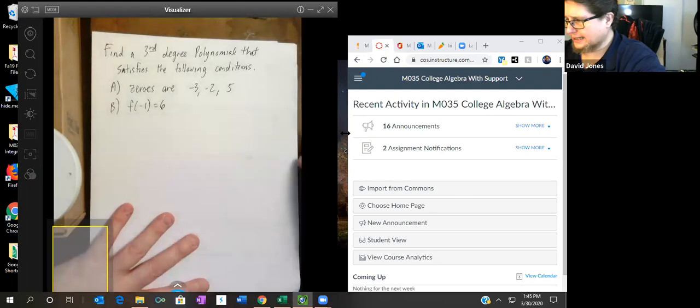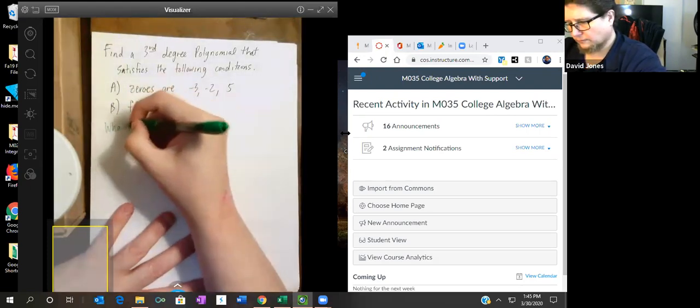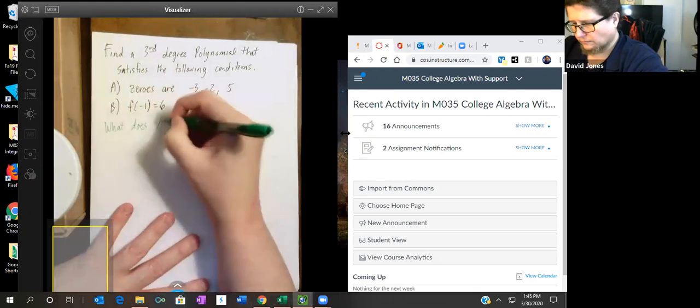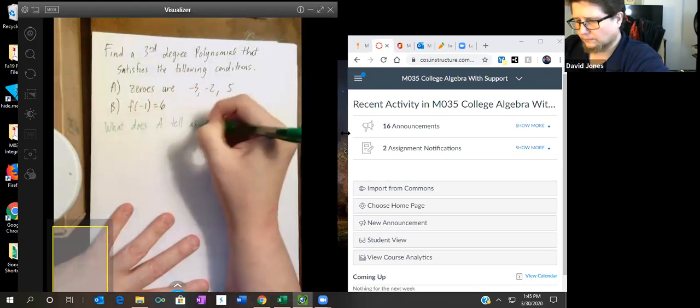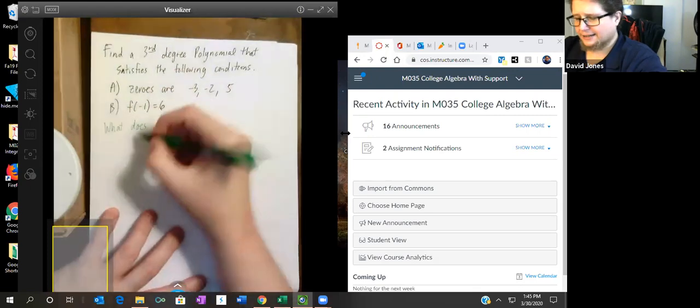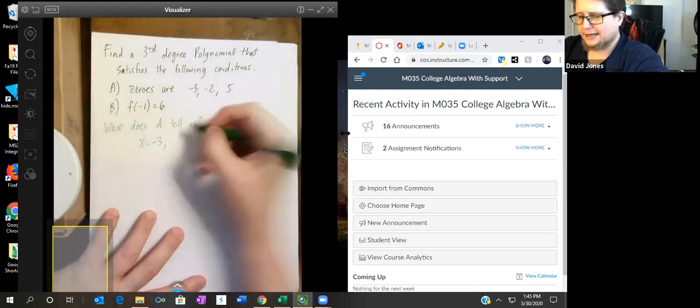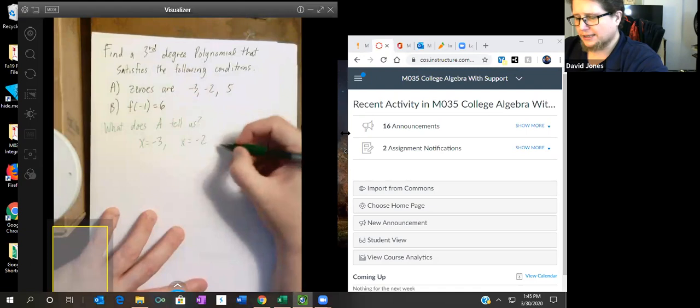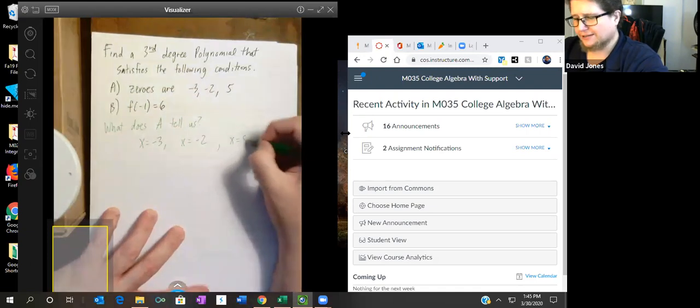So what does A tell us? It tells us x equals -3 is an answer, x equals -2 is an answer, x equals 5 is an answer.